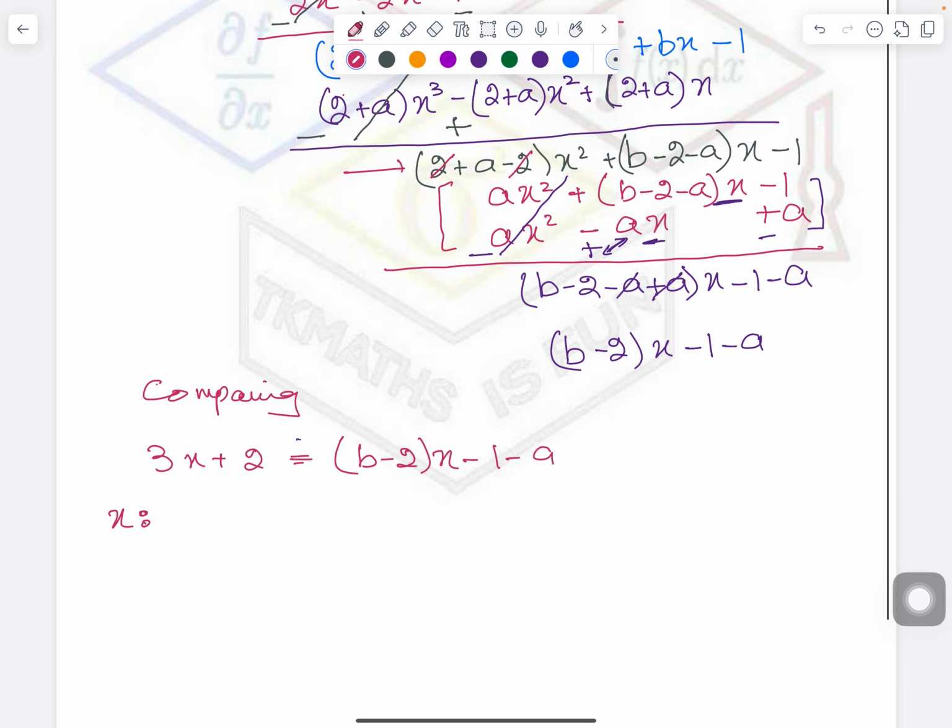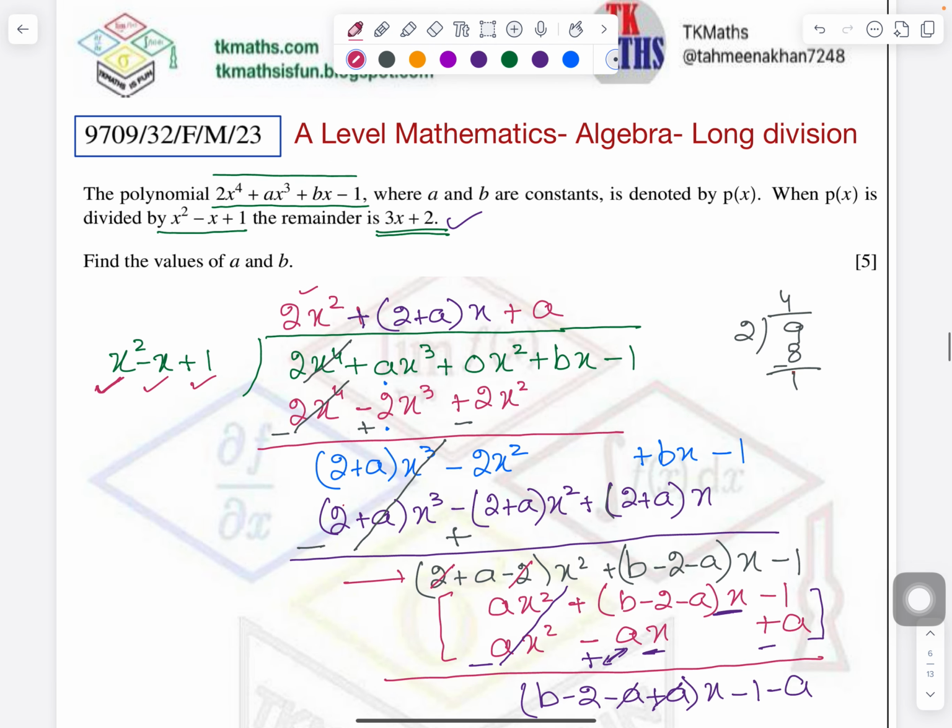So when I'm comparing the coefficient of x, 3 is equal to b minus 2, which means b is equal to 5. And then you can compare the constant. 2 is equal to minus 1 minus a, which gives a equal to minus 3. So this is how you will find out the values of a and b.